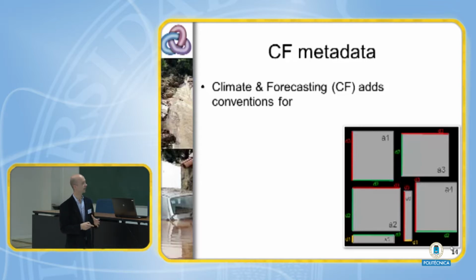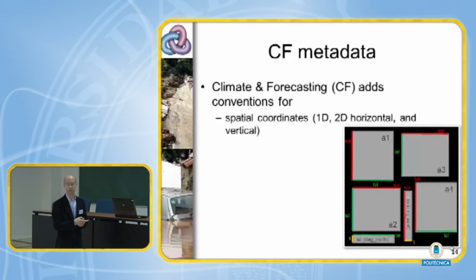The CF metadata, CF stands for climate and forecasting. It was developed largely within the context of the climate modeling community. And what it adds is elements like spatial coordinates, definitions. How do you do that? If there is a one-dimensional array which has the same name for its dimension as it has for the array, then it's a coordinate.